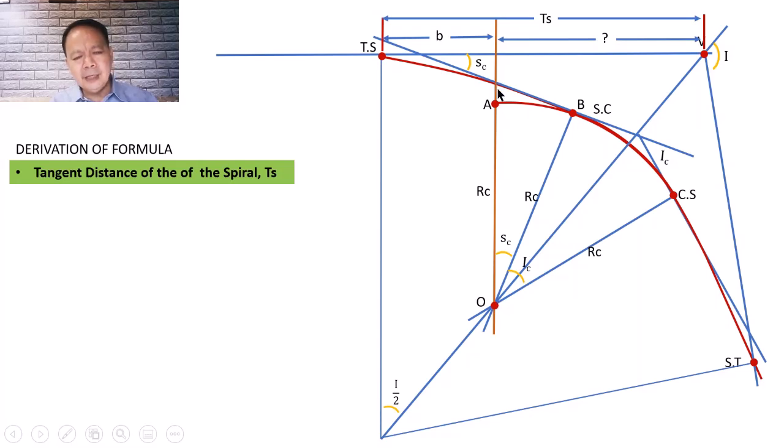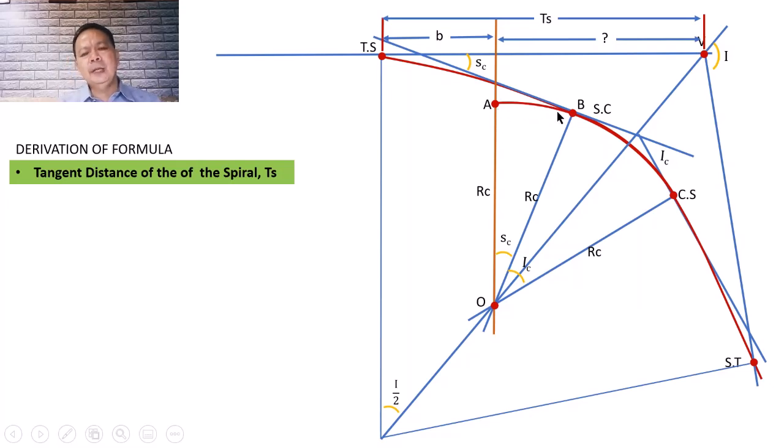Diba? Similarly, ito namang arc distance na ito, mula dito sa vertical line. Okay? If this angle is very, very small also, then we could expect that itong arc length AC is approximately the same as the spiral length, okay, from this vertical line to that of SC. Sa makatwid, yung B ay makukuha natin kapag na-establish at nakuha natin itong arc length AC.